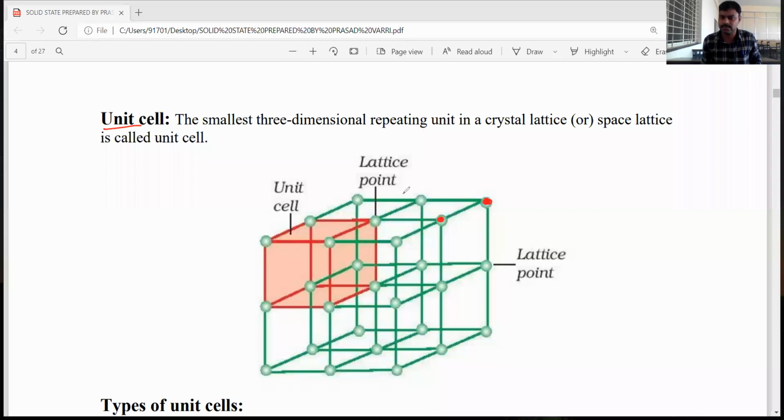Each lattice point is an atom or ion or molecule; where it is present, that place is known as a lattice point. These lattice points are arranged three-dimensionally in a systematic manner. That 3D arrangement of lattice points is known as a space lattice.